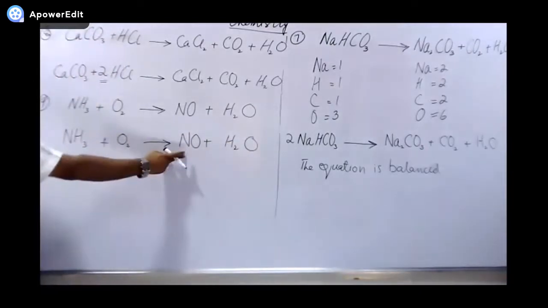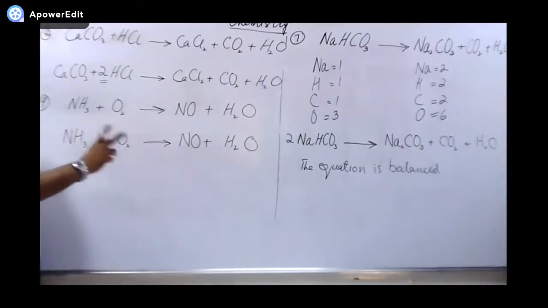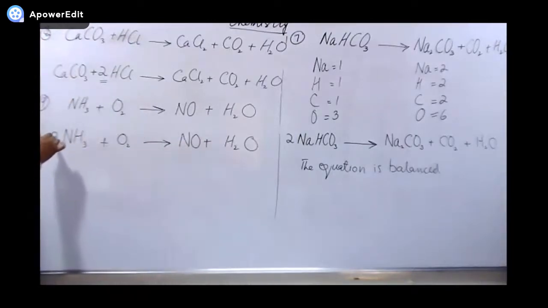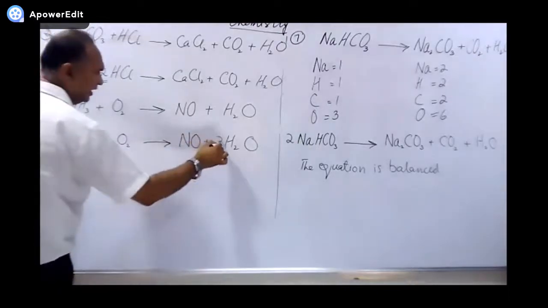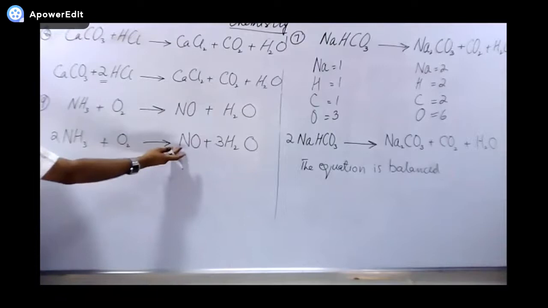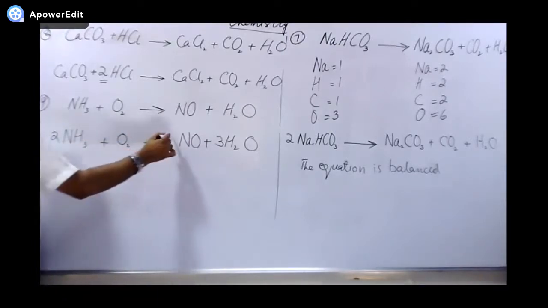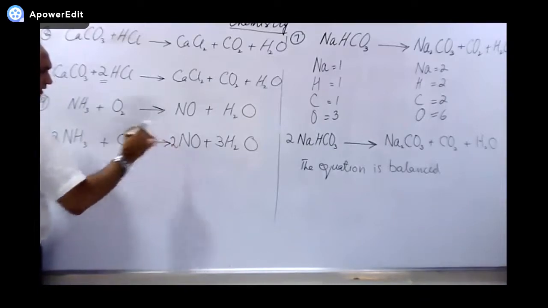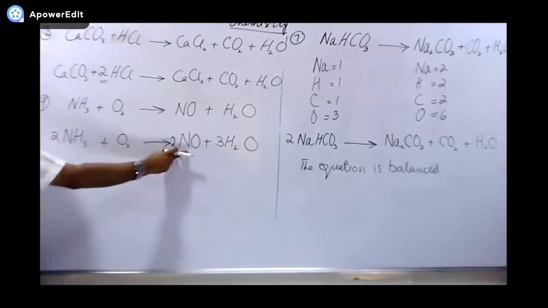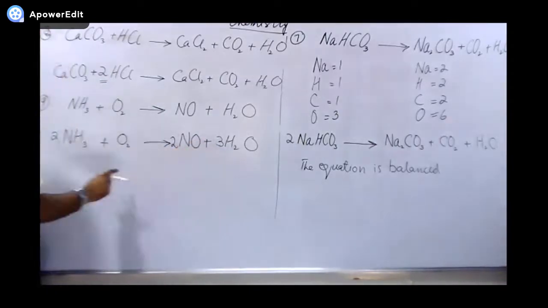1 nitrogen balance, 3 hydrogens, 2 hydrogens. Consecutive numbers. So 2 I am writing over here, 3 I am writing over here. Now 2 nitrogen. Oh, I disturbed the number of nitrogens. 2 nitrogen, I will write 2 also here. 2 nitrogens, 2 nitrogens. 6 hydrogens, 6 hydrogens.